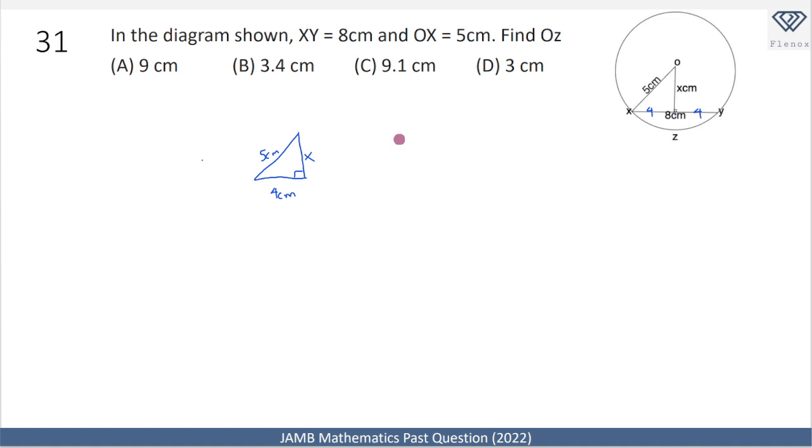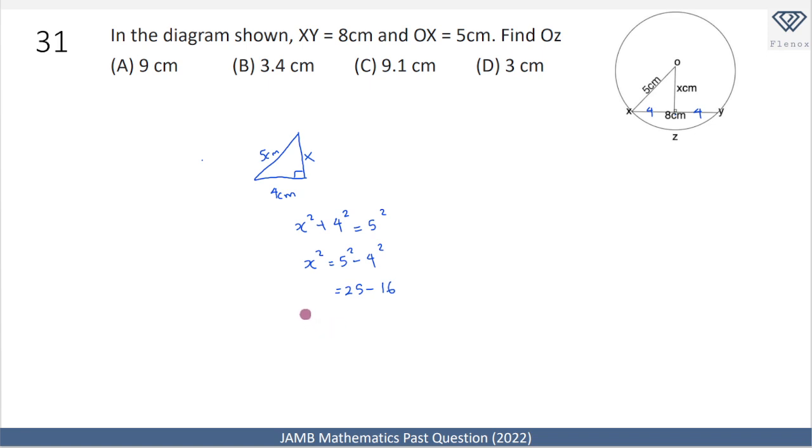Now remember from our Pythagoras theorem, the sum of the squares of the other two sides is equal to the square of the hypotenuse. So x squared plus 4 squared must be equal to 5 squared. So x squared will be equal to 5 squared minus 4 squared, and 5 squared is 25, 4 squared is 16.